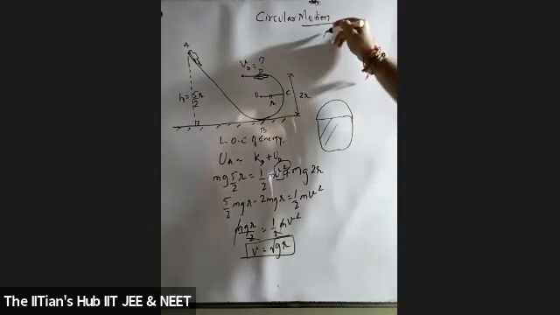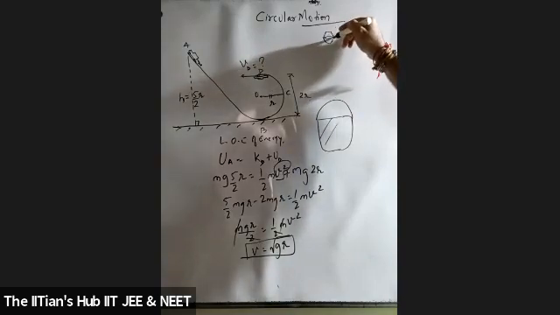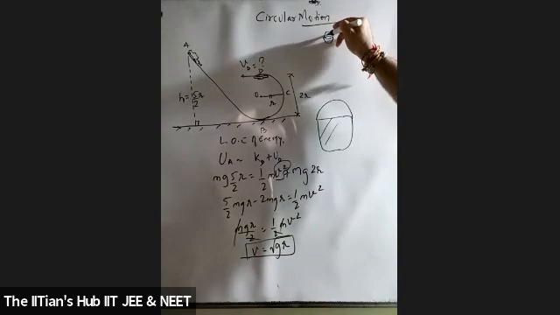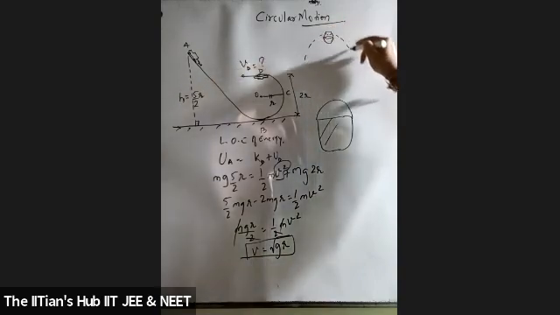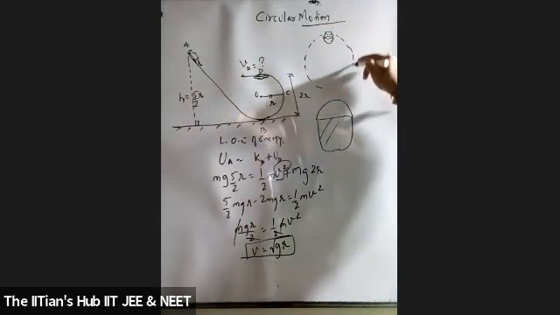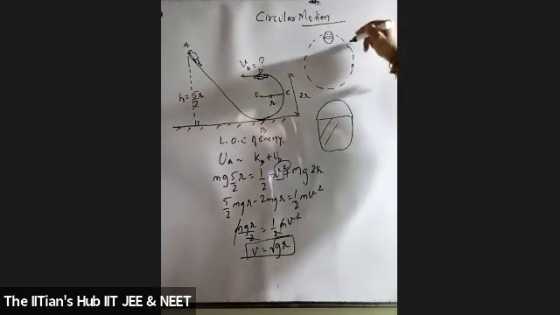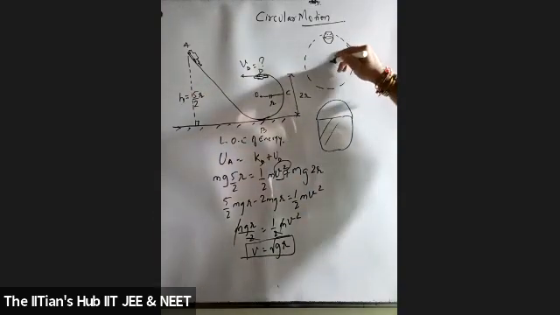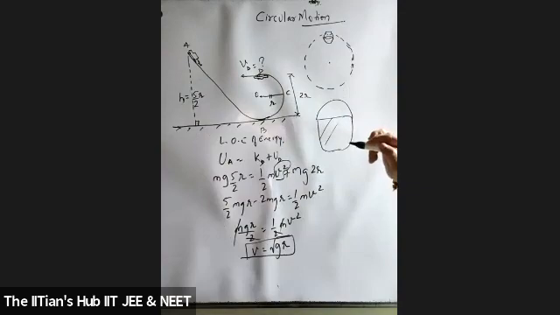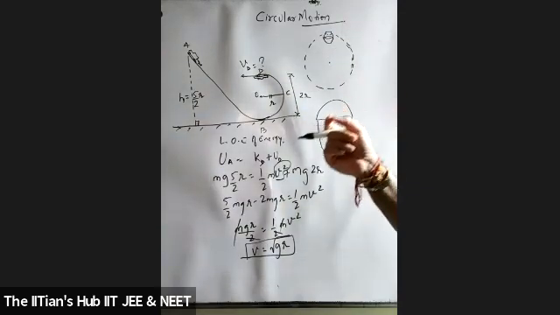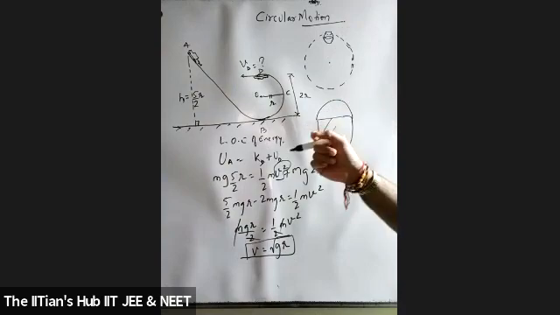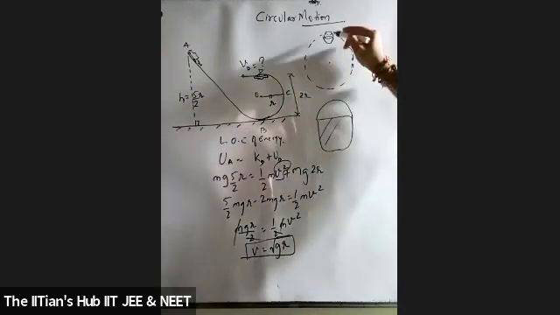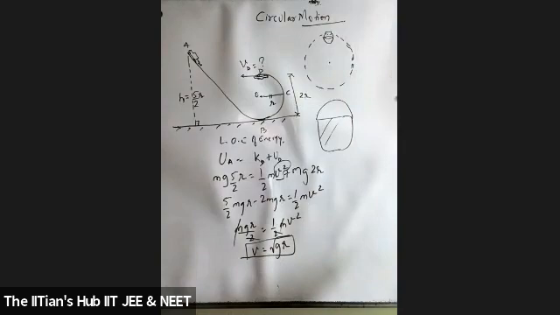When the bucket is at the topmost position, the bucket is inverted. This is the center. The bucket is inverted and at the topmost position, but still not even a single drop of water will spill or fall downwards.